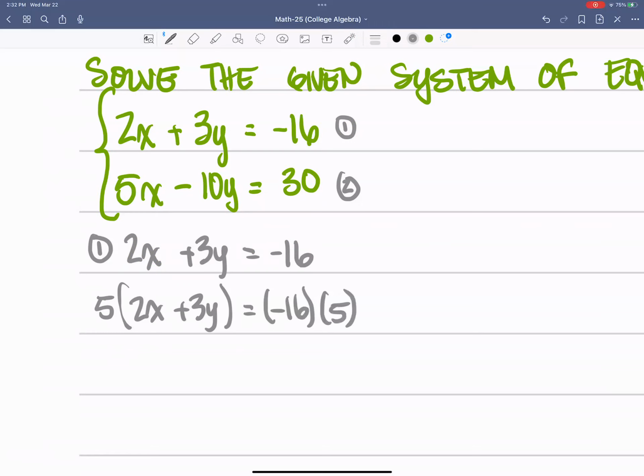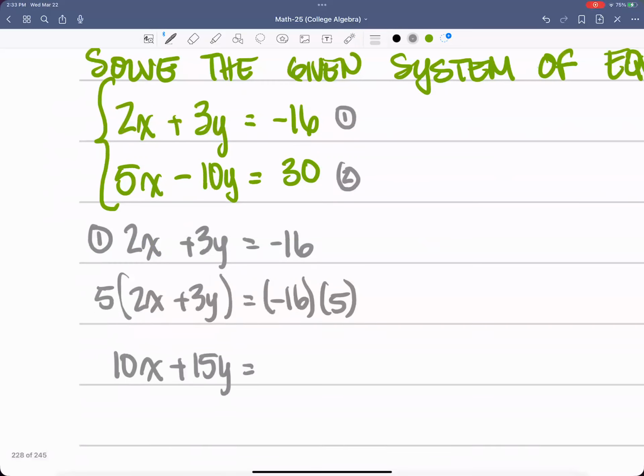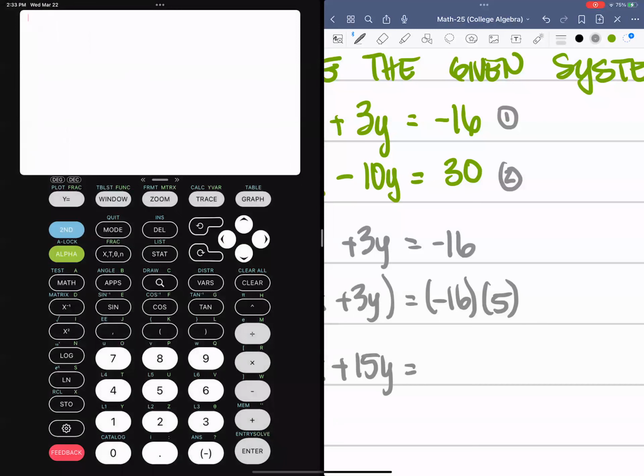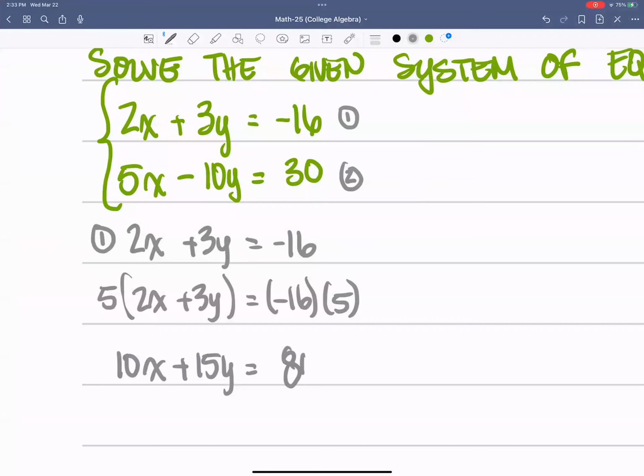And we have to distribute. 10x plus 15y is equal to, let's do 16 times 5. So 16 times 5 is 80. And because it was a negative 16, positive 5, this ends up being negative 80. All right, so that's step 1 with equation 1.